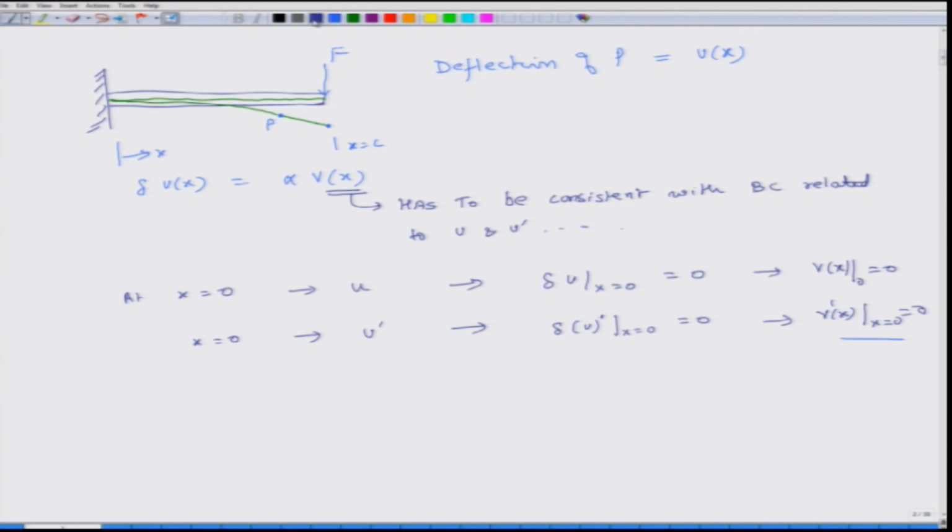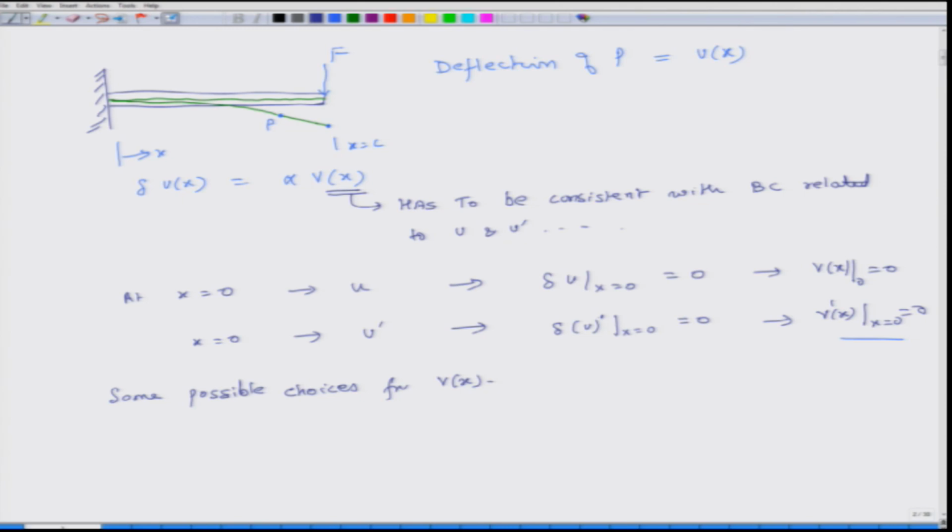So, we will pick one or two functions to see what kind of functions we can pick. Some possible choices for v of x. V represents the shape of the variation, and alpha represents its amplitude.